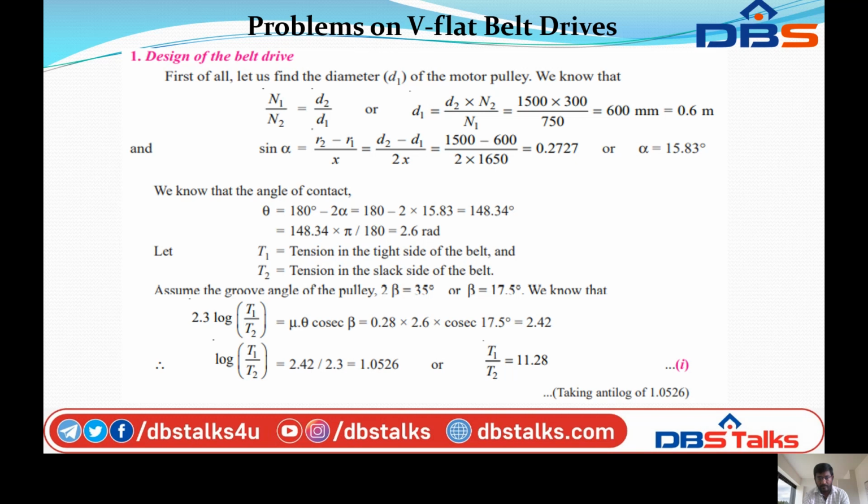So 2.3 log of T1 by T2 is equal to mu into theta into cosec beta. Substituting the values, mu 0.28 into theta 2.6 into cosec of beta 17.5 degrees, that is equal to 2.42. So finally log of T1 by T2 is equal to 2.42 by 2.3, which is 1.0526. Taking anti-log on both sides, T1 by T2 is equal to 11.28. This is equation number 1.